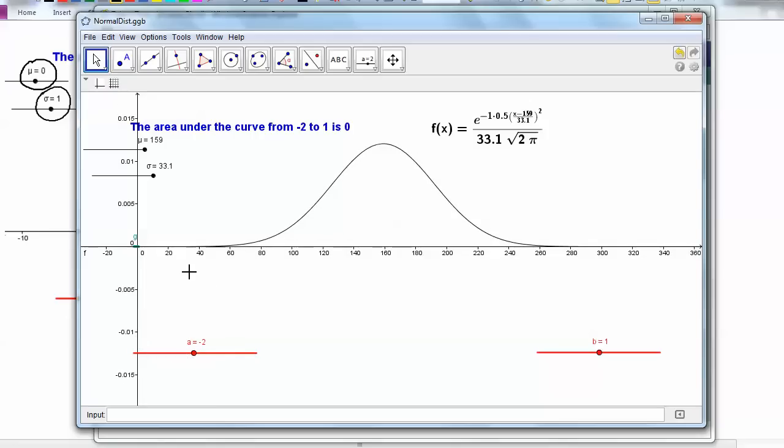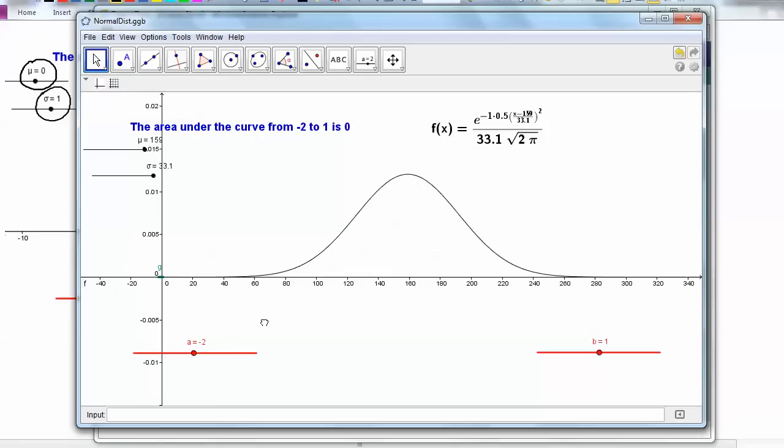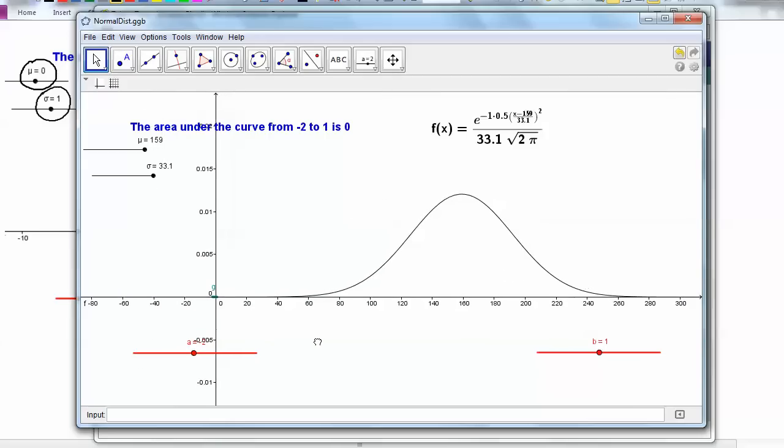Okay. And that's going to make it look more like what we're used to, right? But you'll notice the highest point on this is coming in somewhere between 1/100th and 15 thousandths. So keep that in mind.